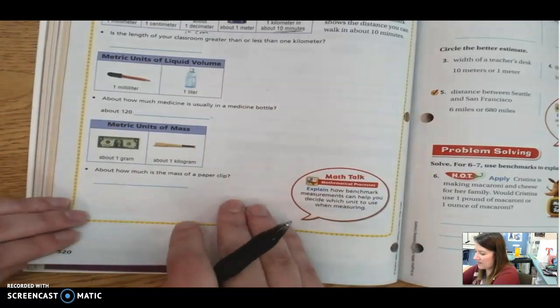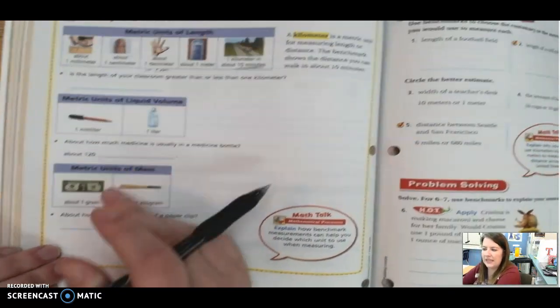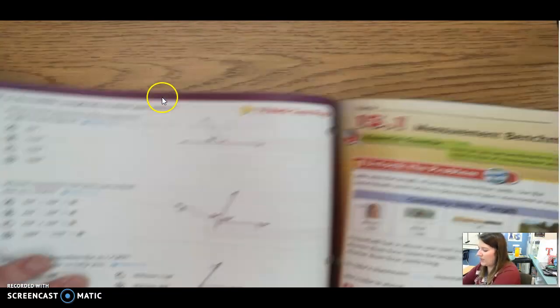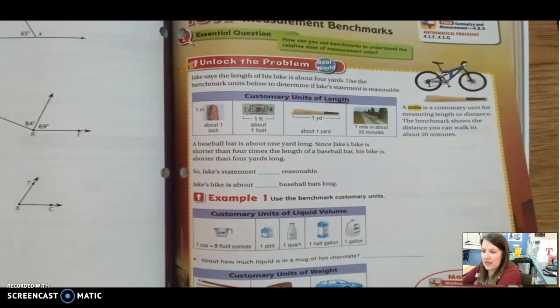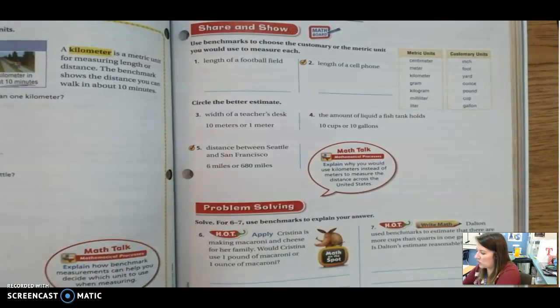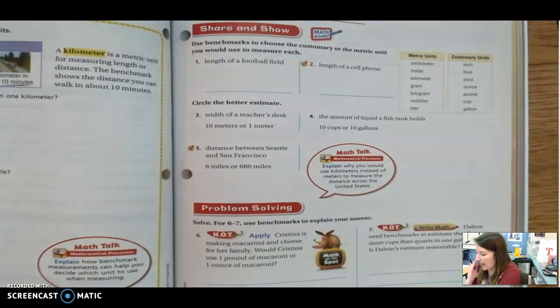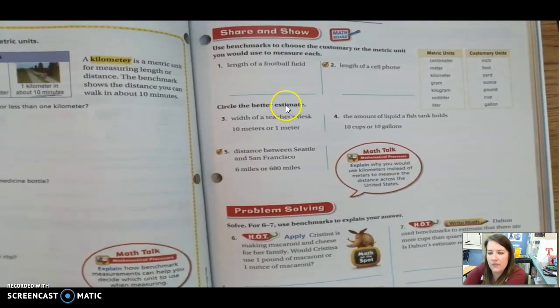So we're going to take these ideas of these real world items, and they're going to help us make predictions on what we think certain things will actually weigh or actually be. For example, I think there was a problem on one of y'all's Star 360 questions this past month that was like, what's the height of the counter like this?